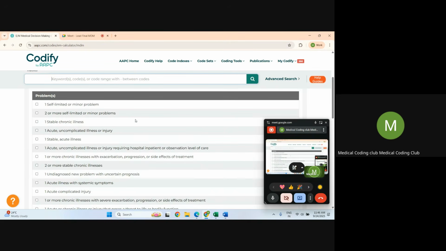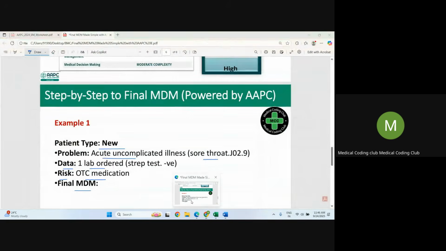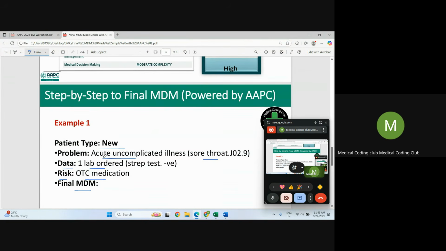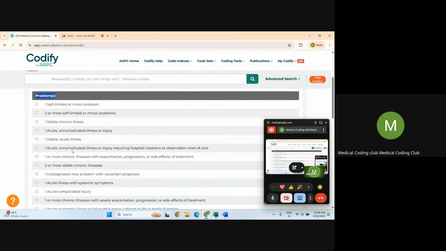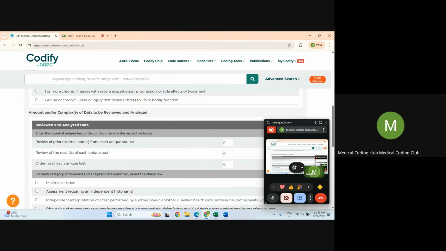Firstly, the problem. What is the problem being addressed? They have said acute uncomplicated illness, so you can select here one acute uncomplicated illness or injury. This is your problem. Next comes data, the amount and complexity of data to be reviewed and analyzed.